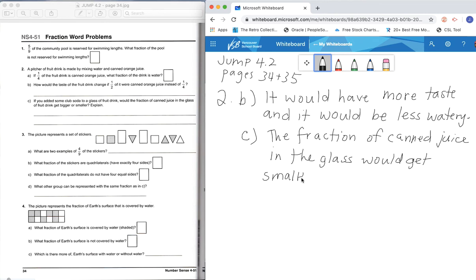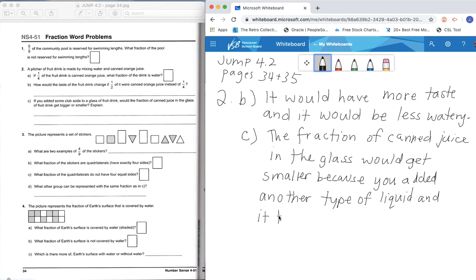Because you added another liquid. So if you've added another type of liquid, it takes up more space in the glass.